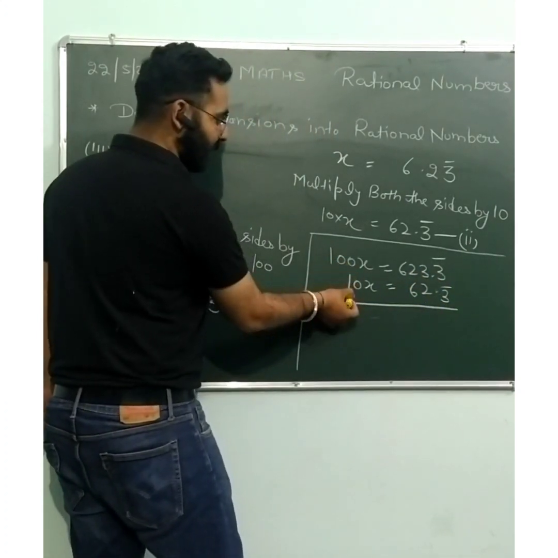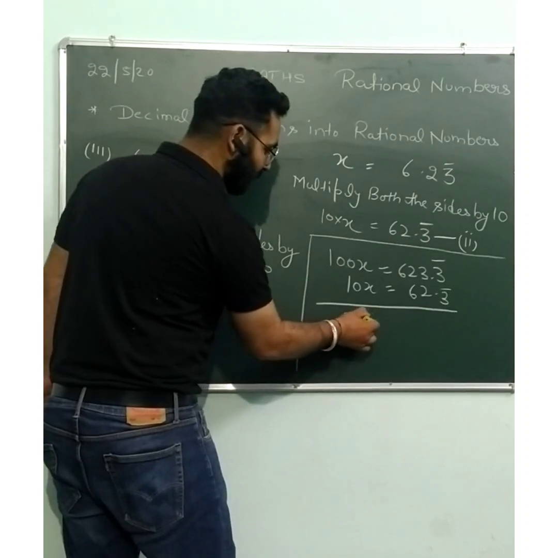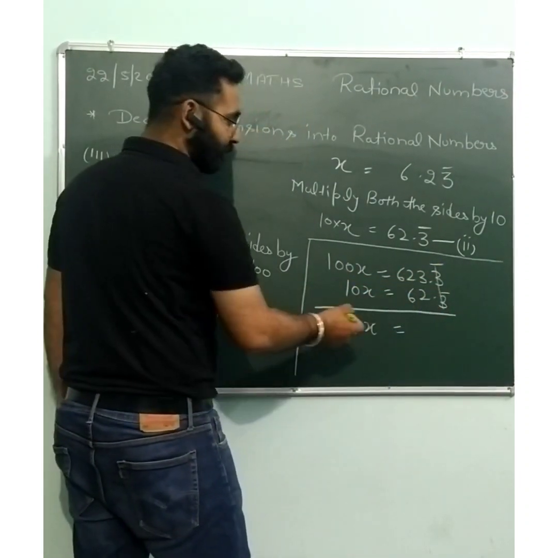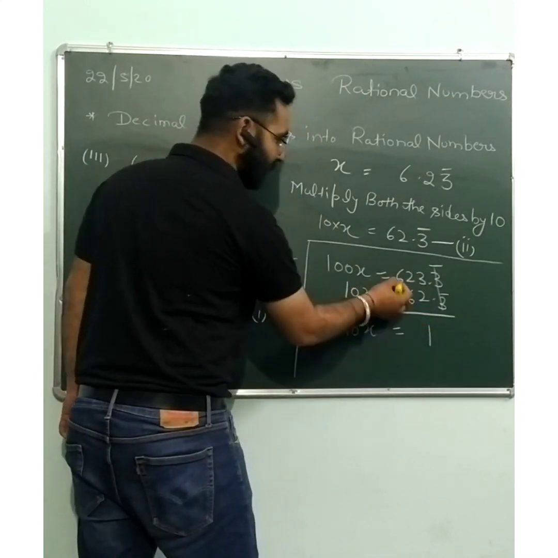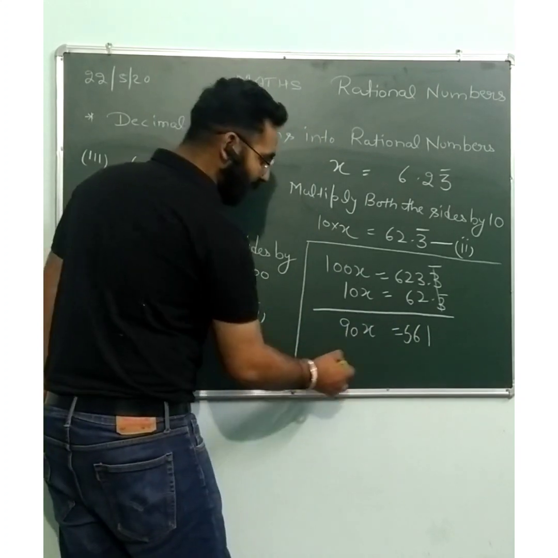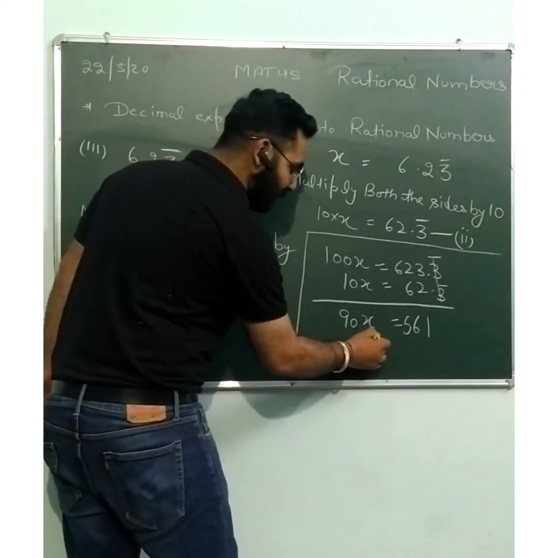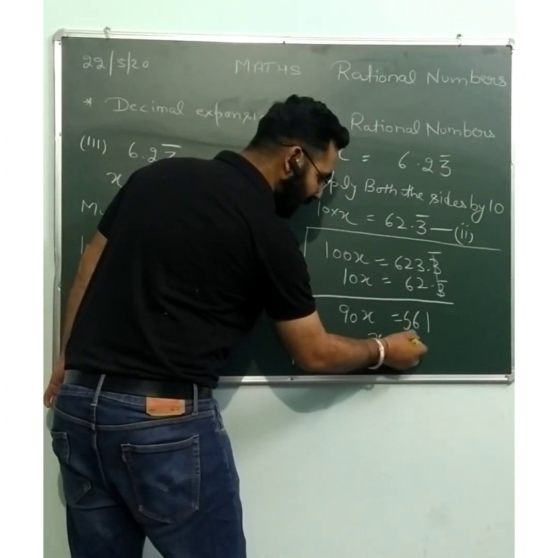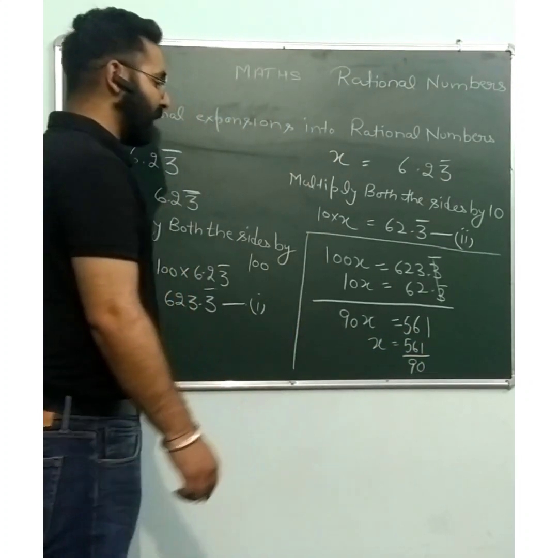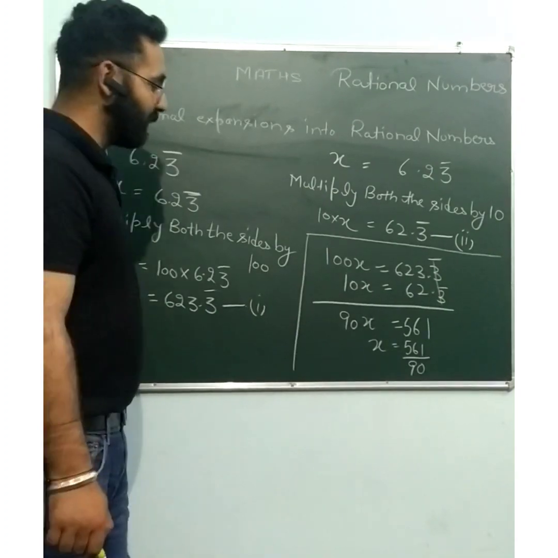Subtract 100x minus 10x, you will get 90x. 3 bar by 3 bar will get cancelled. 3 minus 2, 1. It will become 12, 6, 561. 90 is there in multiplication, so this side it will come in division. So your answer will be 561 upon 90.